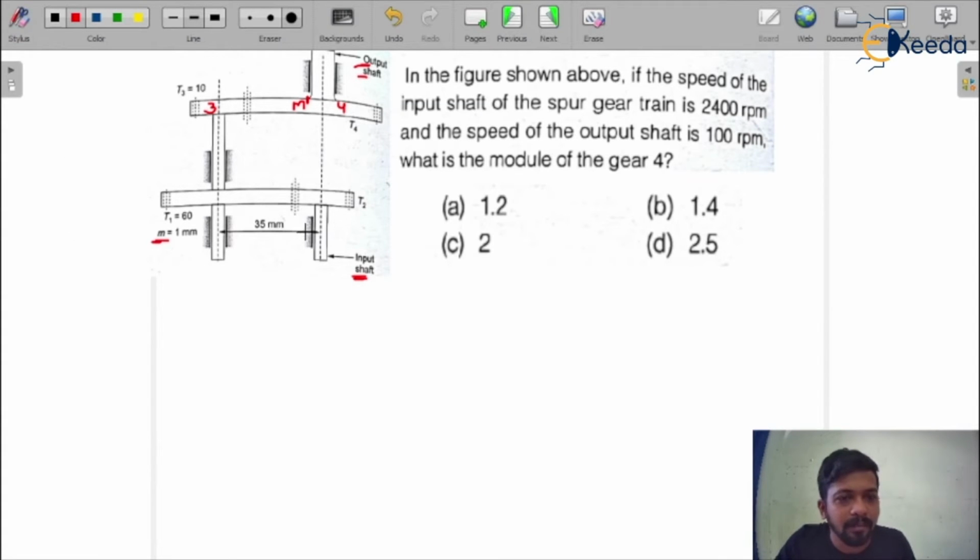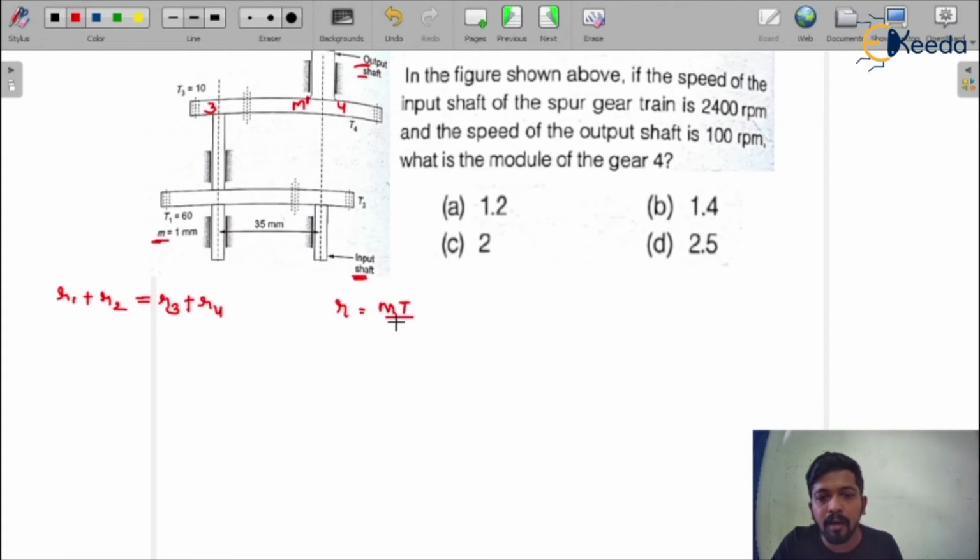So we can apply the general concept. We all know the relation R1 plus R2 is equal to R3 plus R4. This is the relation for the reverted gear train we have studied. This is a general relation, and we all know that R is equal to mt by 2.